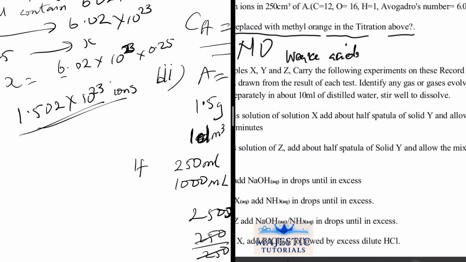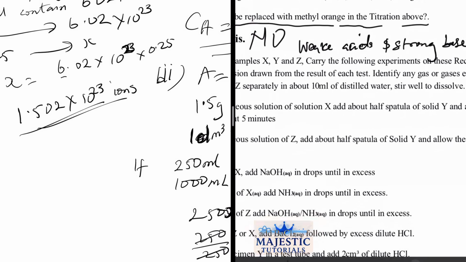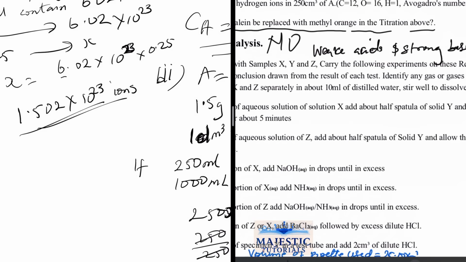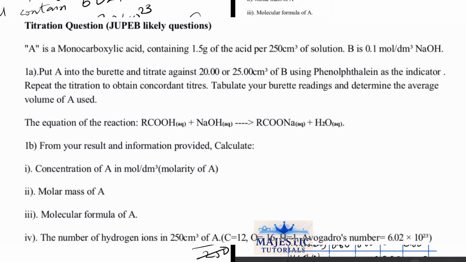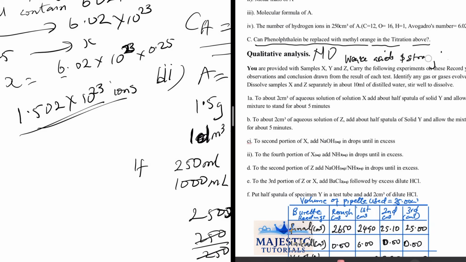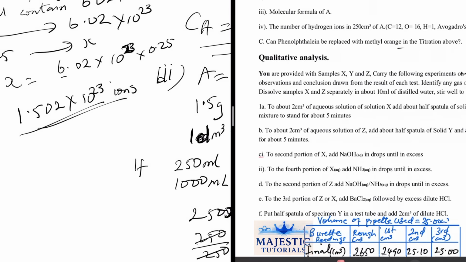The titration is between a weak acid and a strong base, which is sodium hydroxide, and the suitable indicator is phenolphthalein, not methyl orange, because of the pH transition range of the two indicators. So choice of indicator is determined by the pH transition range of that indicator and the strength of the acid and base being titrated.